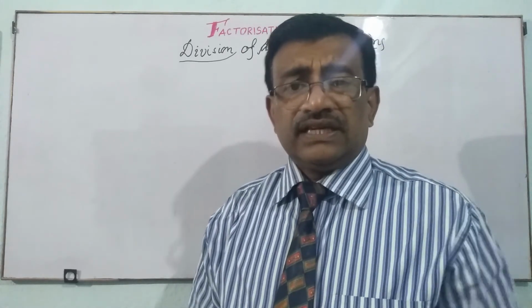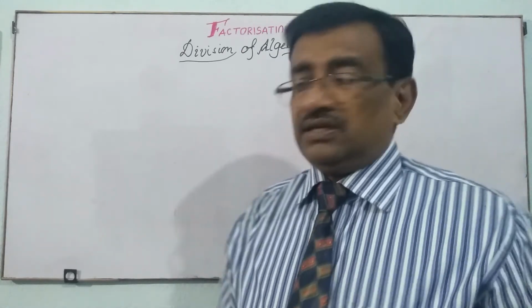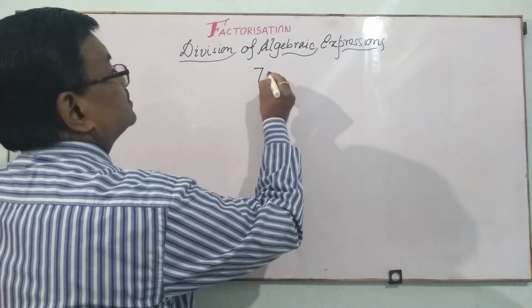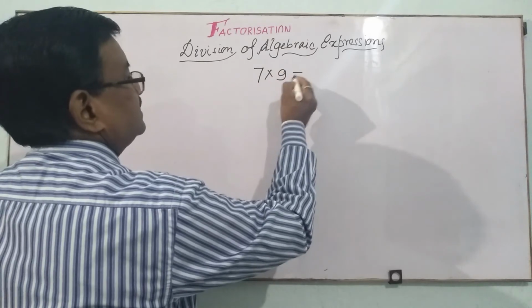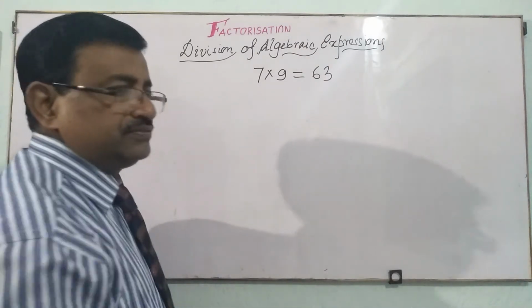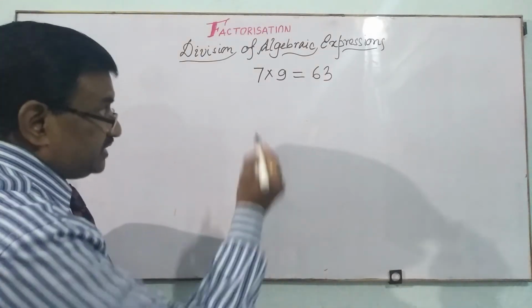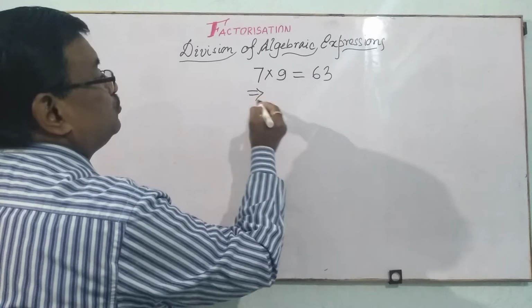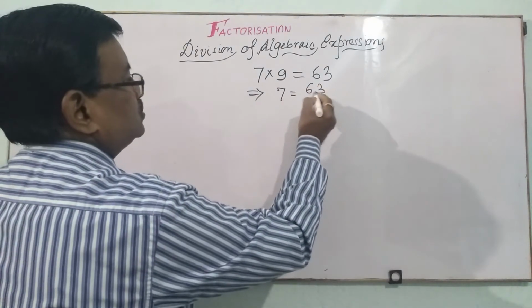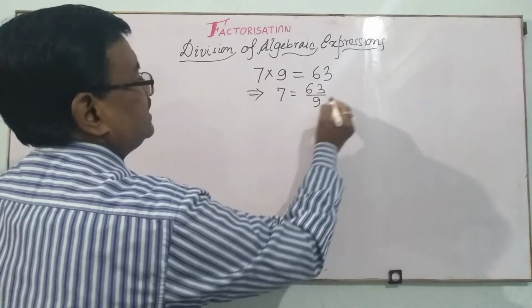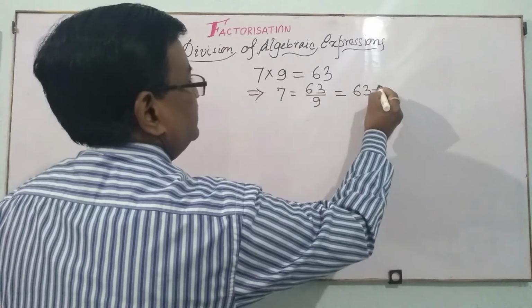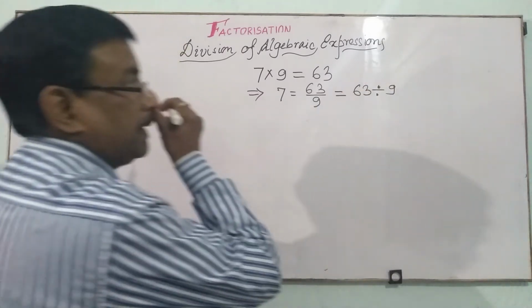In simple terms, when you write 7 into 9, it is 63, and that implies you can say 7 equals 63 by 9, that you can write as 63 divided by 9.